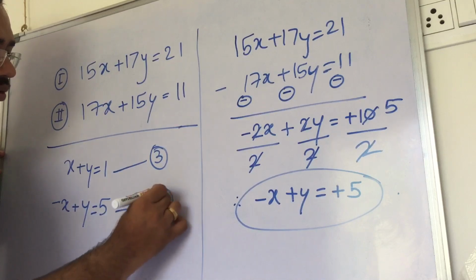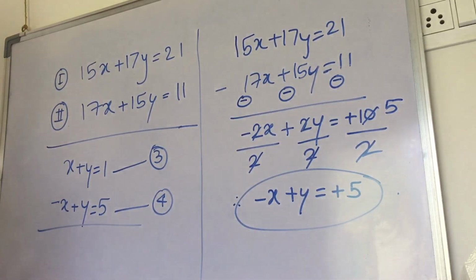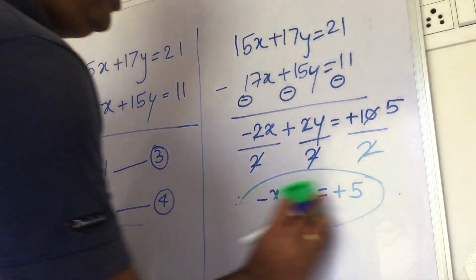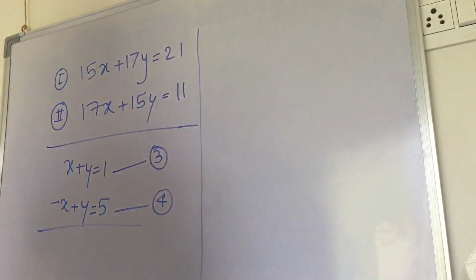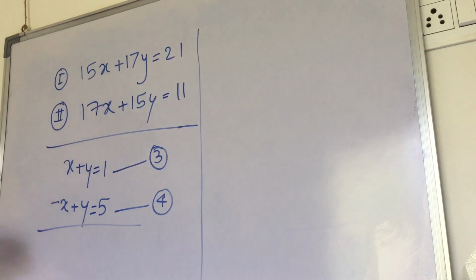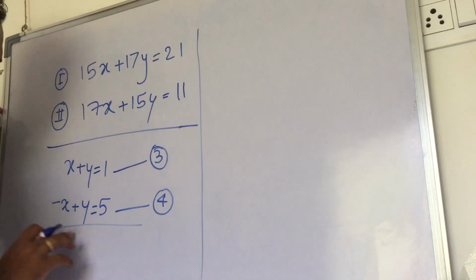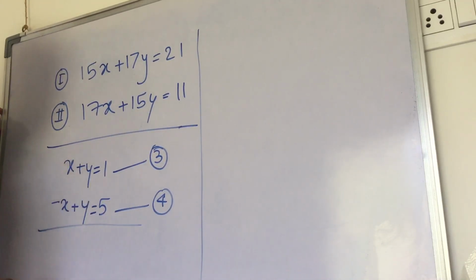So you got another two equations which are now very easy to solve, and you will get the solution directly. Here you can either add them or subtract them. What is easier? If you add these two equations, x will get cancelled and you will get the value of y. So we are going to add them.